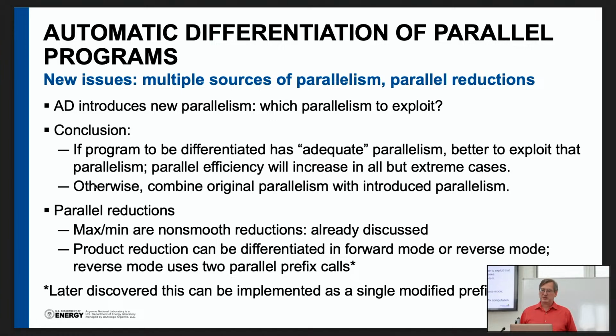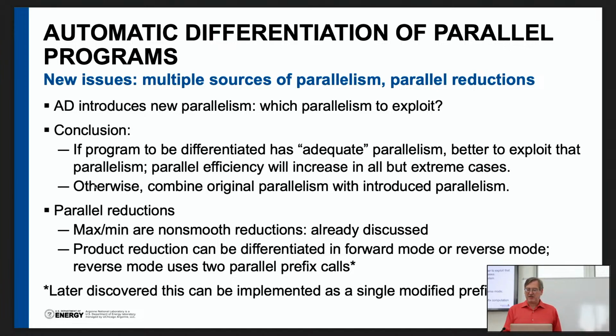The parallel efficiency will increase in almost every case. And so if you had good parallelism initially, you'll have even better parallelism in your derivative code. But if you didn't have good parallelism, then you might want to combine the original parallelism with the introduced parallelism in order to get greater scale out.